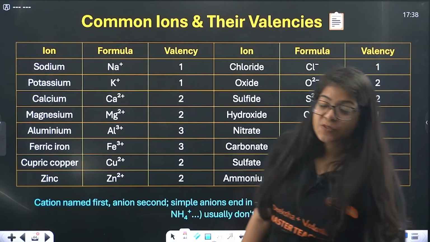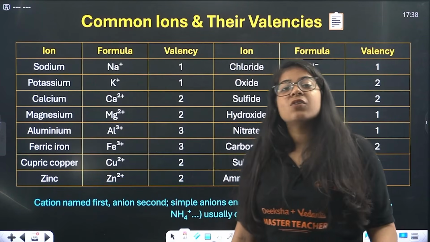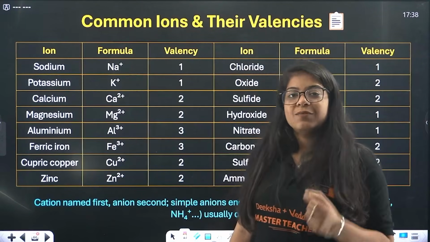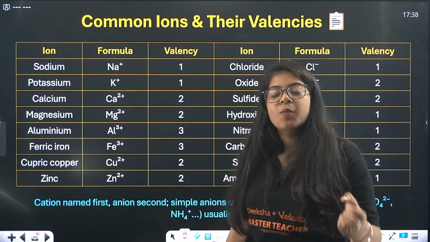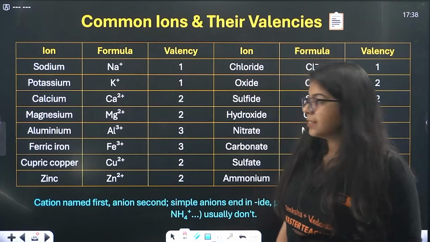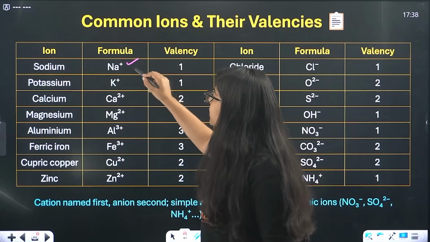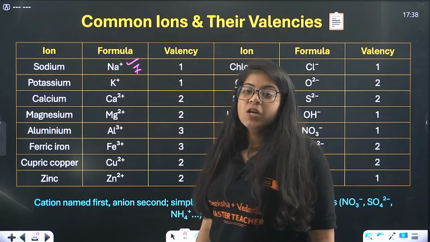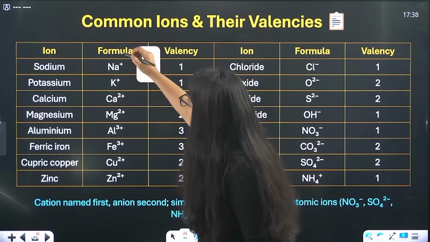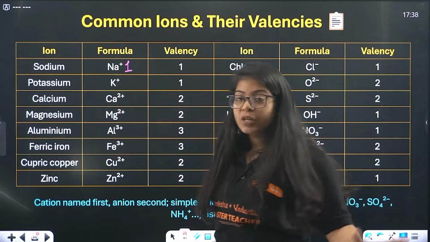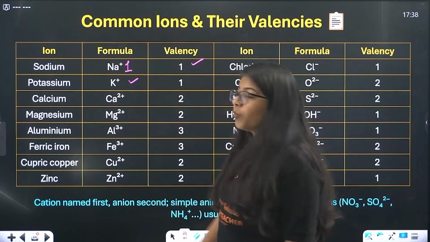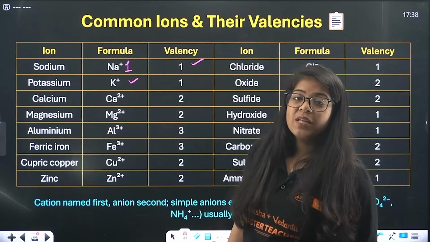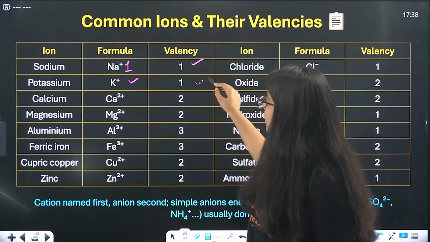Now moving on, these are some of the elements that you need to remember. Their valences. Valency means how many electrons they are losing or gaining. We studied about this in the last chapter, right? How many electrons they are losing or gaining is their valency. Sodium has 1 electron in its valence shell. So it will lose 1 electron. So 1 is its valency. Similarly, potassium also has 1 electron in its valence shell. It will lose it. So 1 is its valency.